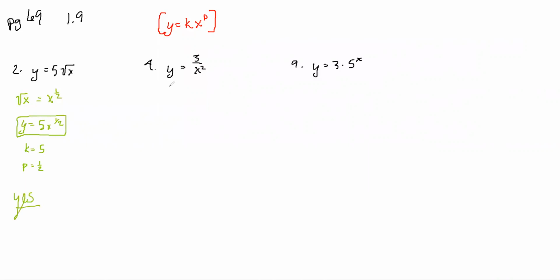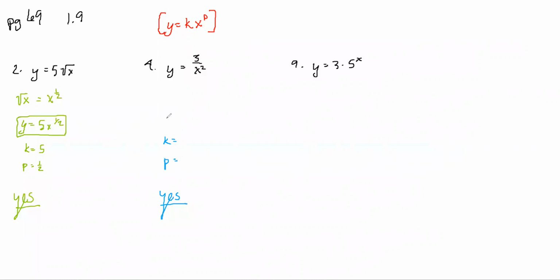So for this one, what would you say here? Power function, yay or nay? How can I rewrite it? And what are k and p? Wouldn't this be 3 over x squared?